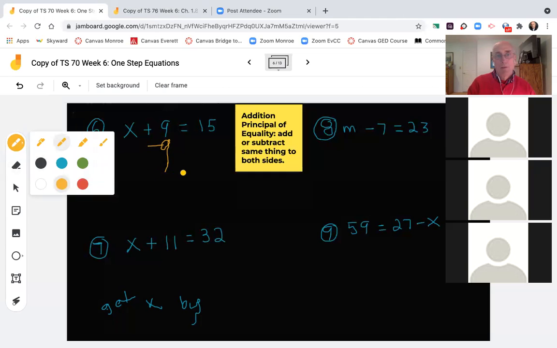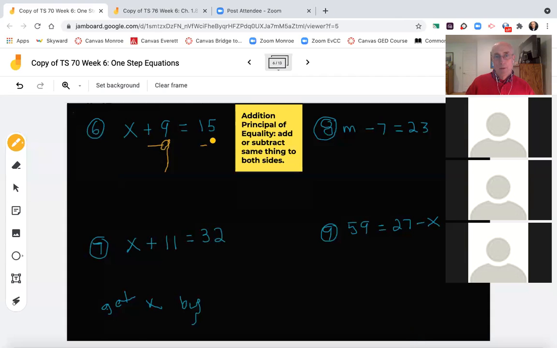Okay, so if I subtract 9 from that side, then I've got to subtract 9 from the other side, okay? Whatever I do to one side of the equal sign, I've got to do to both sides. And that's this addition principle of equality: add or subtract the same thing to both sides. So if I have plus 9 and a minus 9, those are going to cancel out.